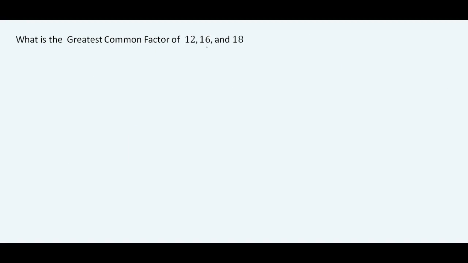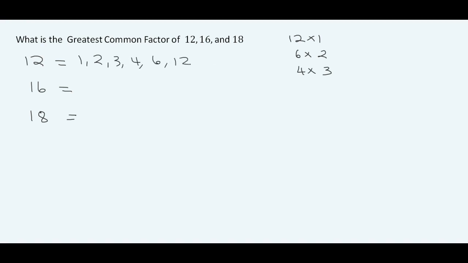Now let's look at this set of numbers. We have 12, 16, and 18. So 12 times 1, 6 times 2, 4 times 3. So we have 1, 2, 3, 4, 6, 12. For 16, we have 1 times 16, 2 times 8, and then 4 times 4.